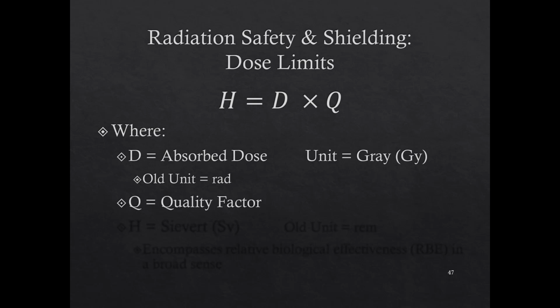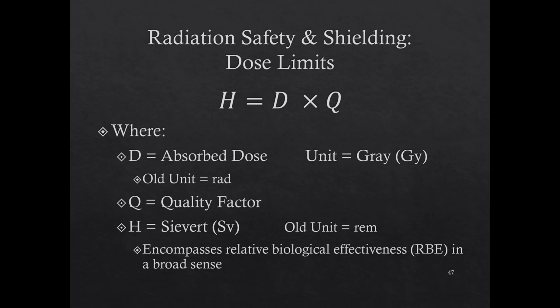Q is the quality factor, and H is the dose equivalent, which is given in sieverts, the special unit, with the old unit being rem, where 100 rem is 1 sievert. The nice thing about dose equivalent is that it encompasses the relative biological effectiveness in a broad sense. It takes into account that different types of radiation are going to have a certain biological consequence.